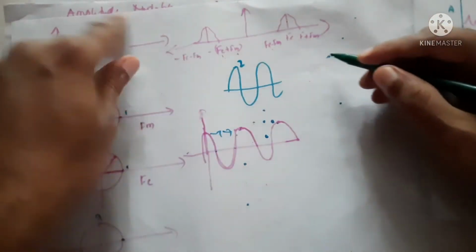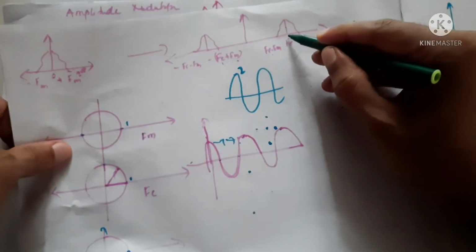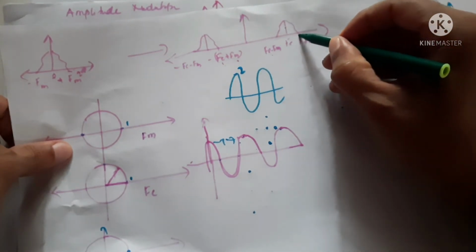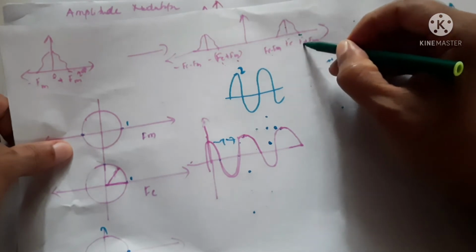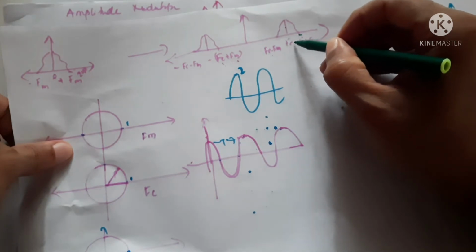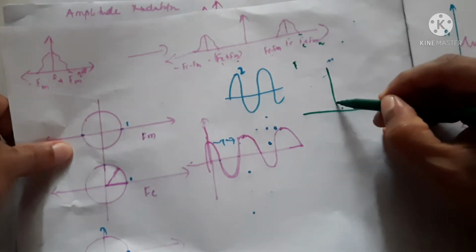And this is the carrier frequency, and FC plus FMN, this is the last frequency, FMN. This is the carrier frequency. In between it there is FC plus FM1, modulating signal 1, we can say like that.